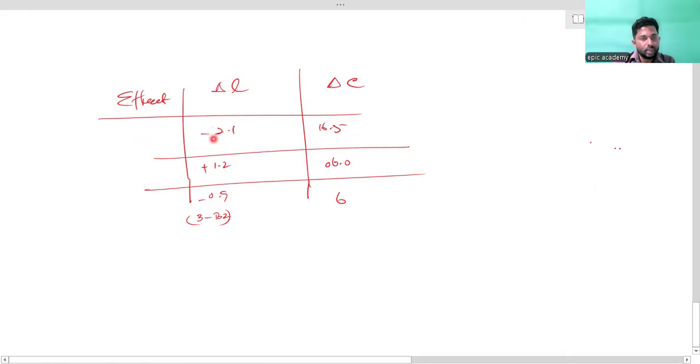So leisure change is minus, and consumption change is a plus value. Are you okay with that? Yeah, you got it. This effect is the substitution effect. We already identified that one. This one is the income effect because it becomes a normal commodity.